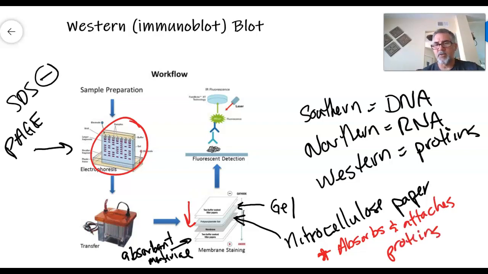My nitrocellulose will absorb, and then the extra buffer will go into the absorbent material. So if you look at this right here now, I've got my nitrocellulose paper, and I've got my proteins attached to it.